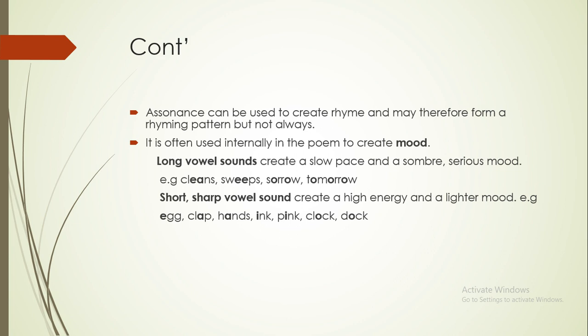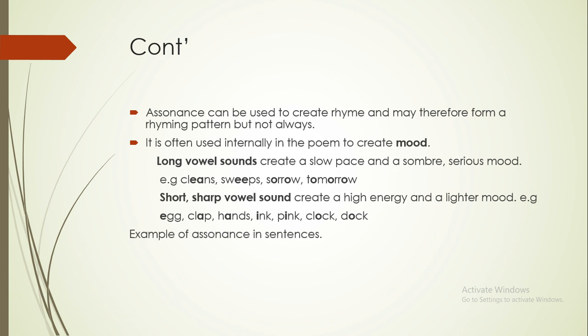Look at these examples: egg, clap, hands, ink, pink, clock, dock. You can easily identify the sharp vowel sounds used in these words because they have been bolded in black. You can see that they are short and therefore the word is not long.